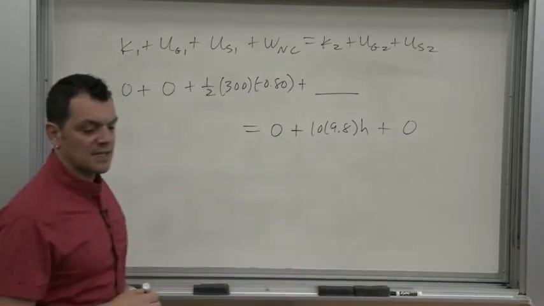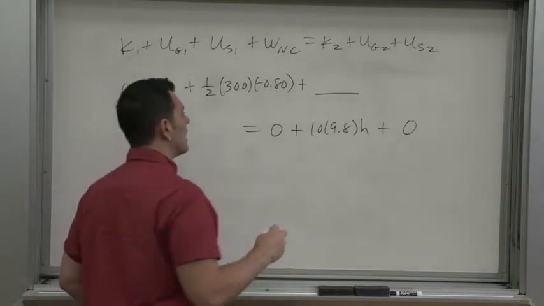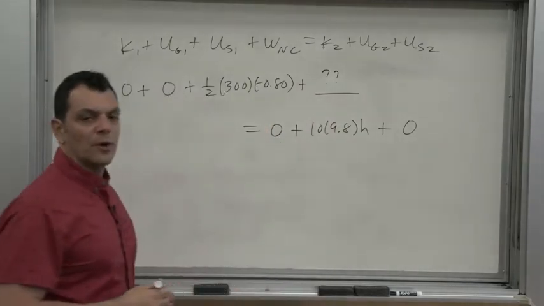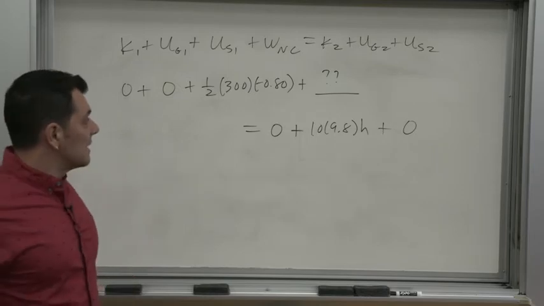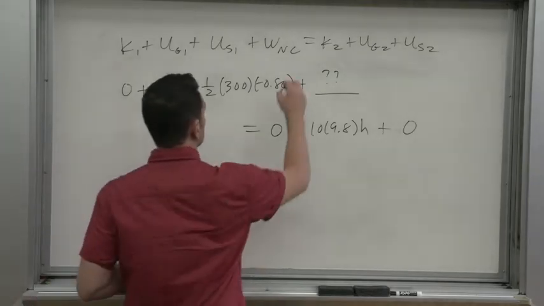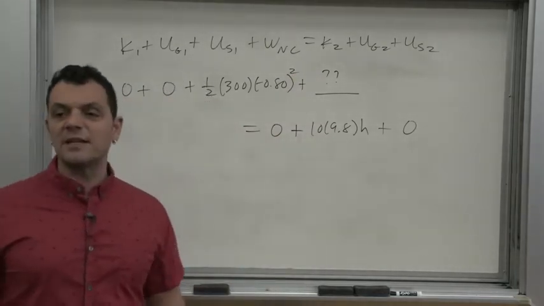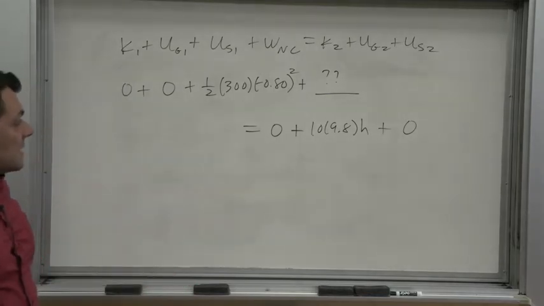At the top, the spring is not going to be stretched or compressed. If we set these equal to each other, all we're going to get is the old expression, which gives me that h is 0.98. And that's not what we want.